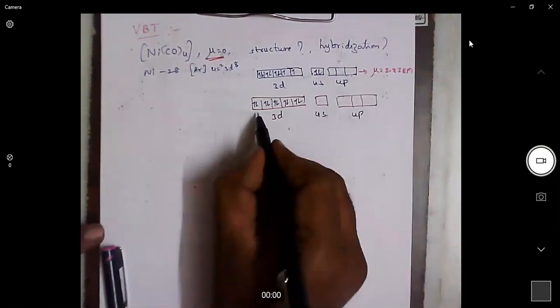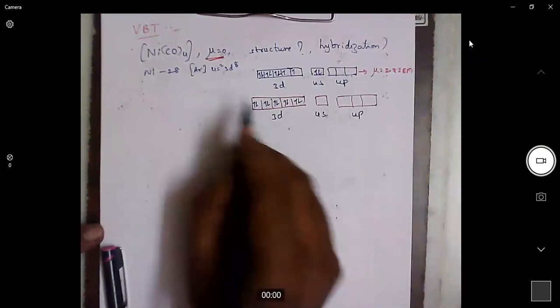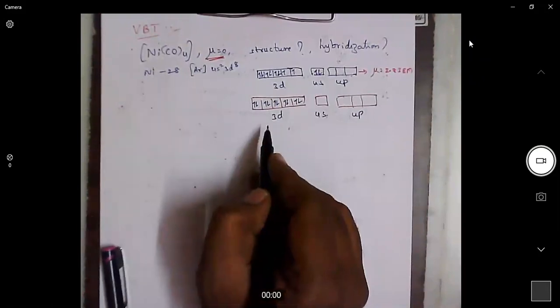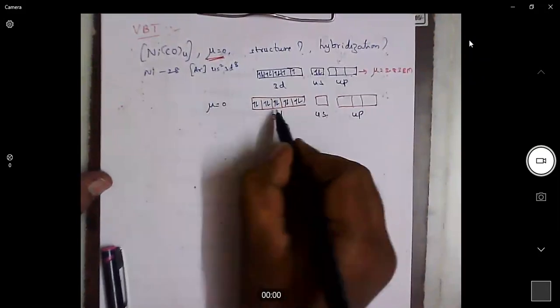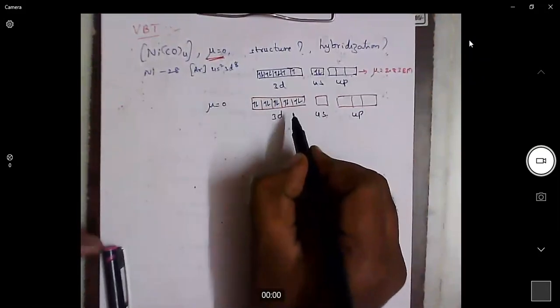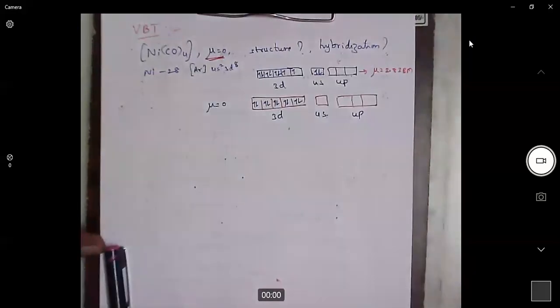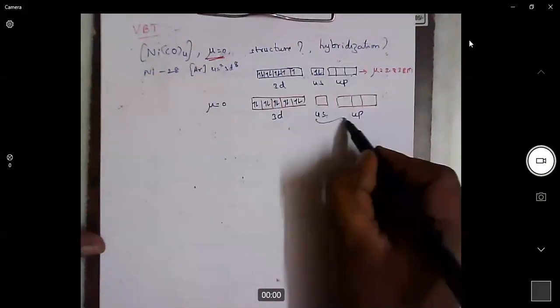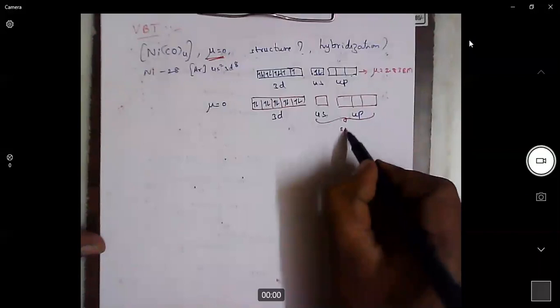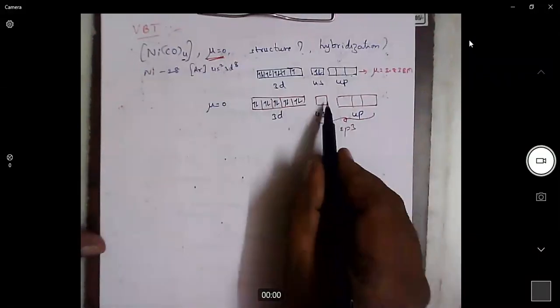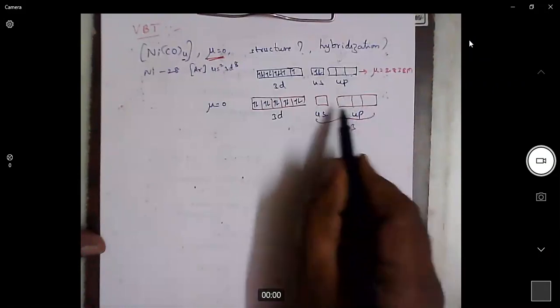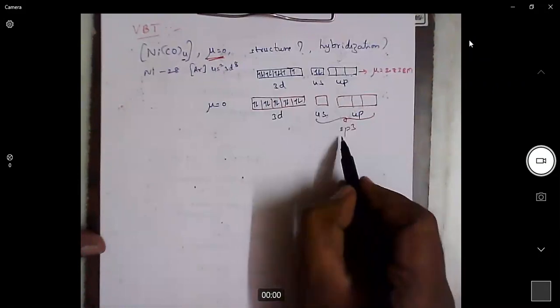So this is the nickel electronic configuration in the complex. Now we will get a magnetic moment of 0 because there are no single electrons. Now it undergoes sp3 hybridization. There are 4 ligands, so we need 4 empty orbitals: 1 s orbital and 3 p orbitals, altogether 4 orbitals.